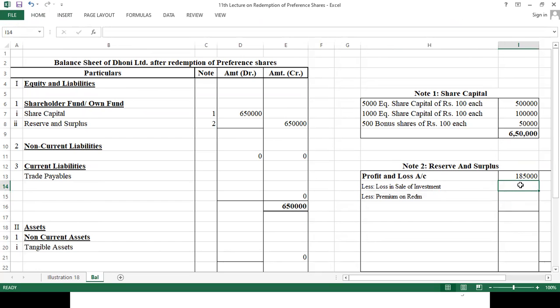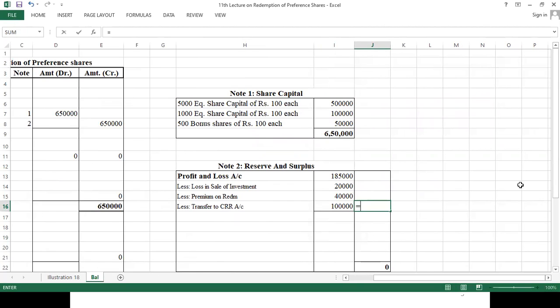So here loss of sale in investment 20,000, then premium provided 40,000, and next is less transfer to CRR account. So here we made 1 lakh rupees. So in the outer column it is 1,85,000 minus 20,000 minus 40,000 minus 1 lakh comes to 25,000.